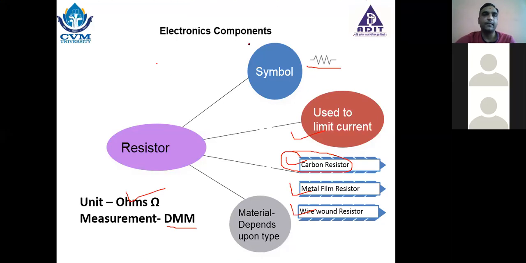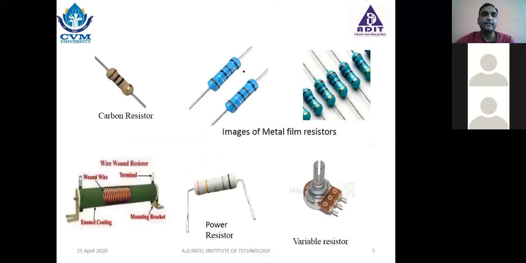Okay, let's see the next, which is a different type of resistor. I have tried to make the presentation interesting by showing you the real figures of these components. Carbon resistor will look like this. You can observe the color codes on it. These are the metal film resistors.